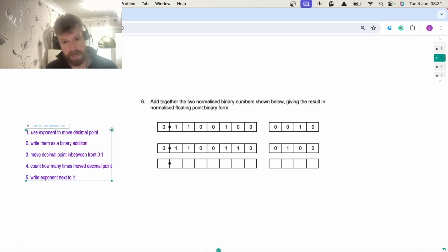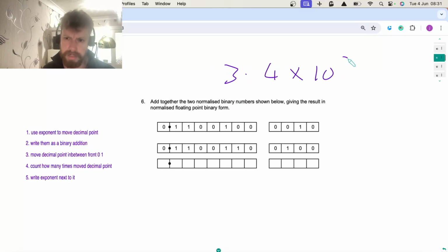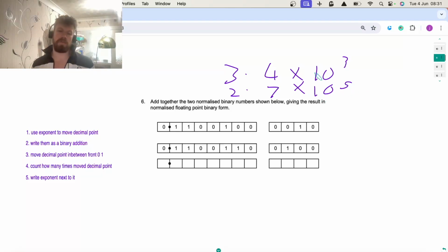Now, with the last little part on here, if you imagine 3.4 times 10 to the 3, and then I had to add 2.7 times 10 to the 5, the method I would use is to convert it first and then add them, and then convert them back into standard form. I can't just start adding them, because it's not going to work.